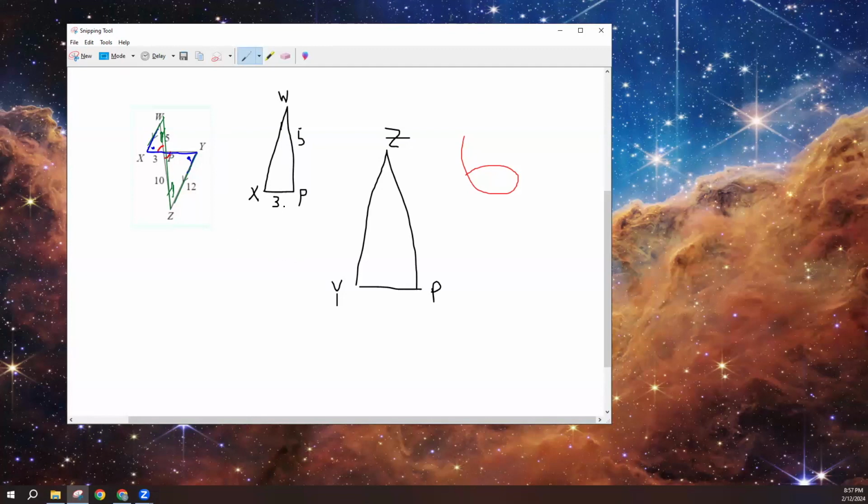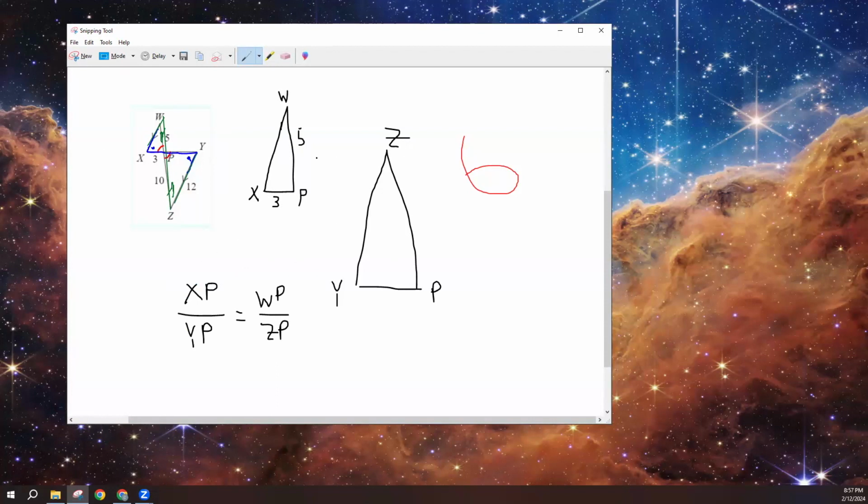So we can say something like XP over YP is going to equal WP over ZP. And in the question, we're trying to figure out what is PY and what is WX.